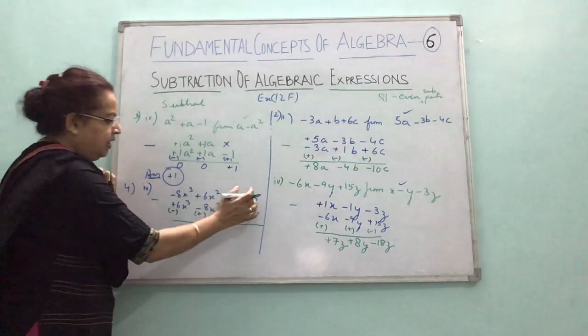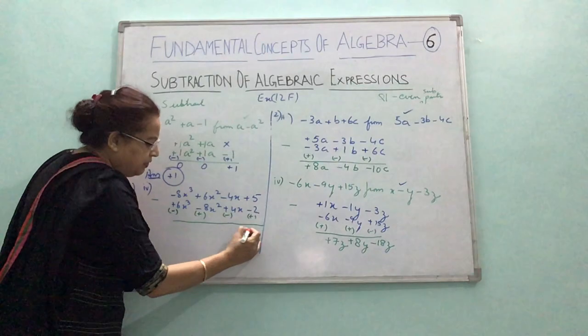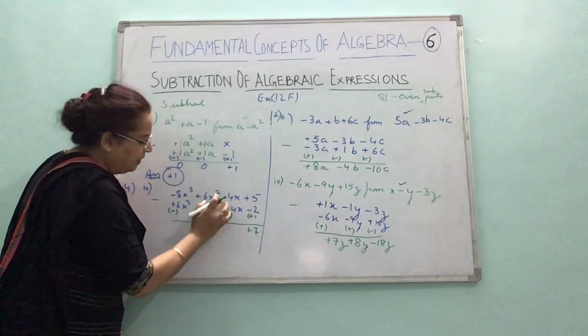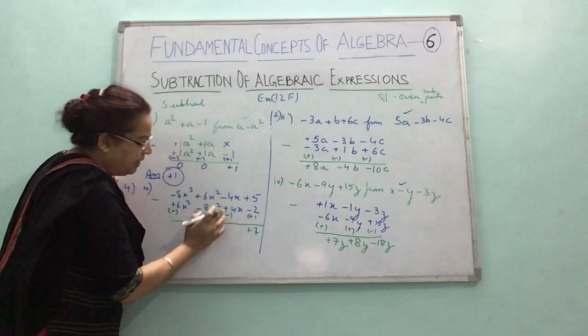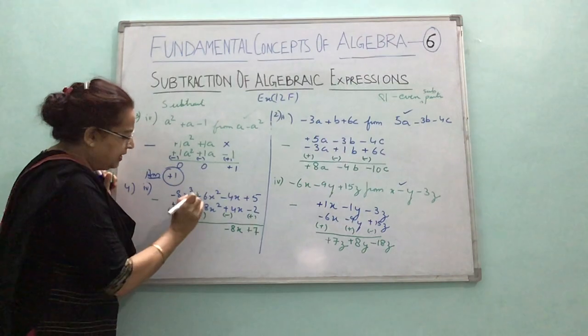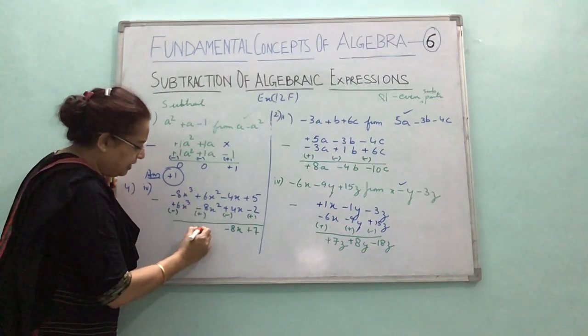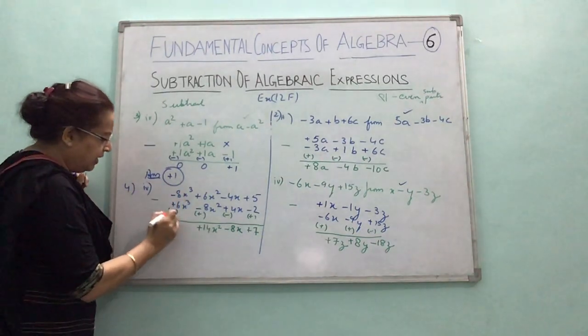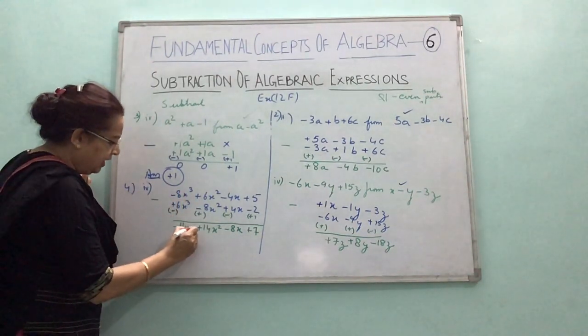Plus 5 plus 2 is plus 7, and minus 4 minus 4. This is minus 8x, plus 6 plus 8, plus 14x squared, minus 8 minus 6, minus 14x cubed.